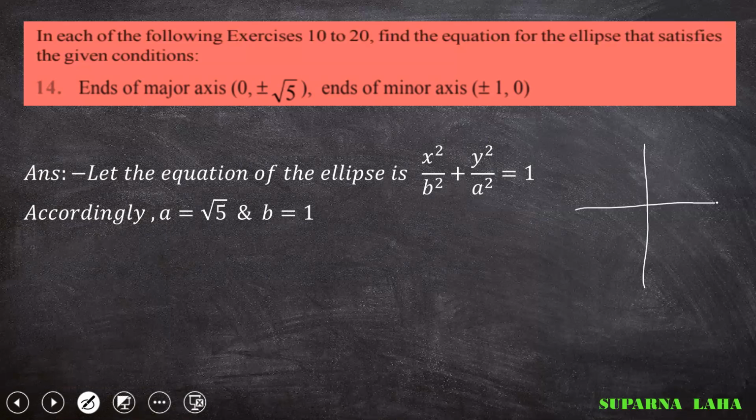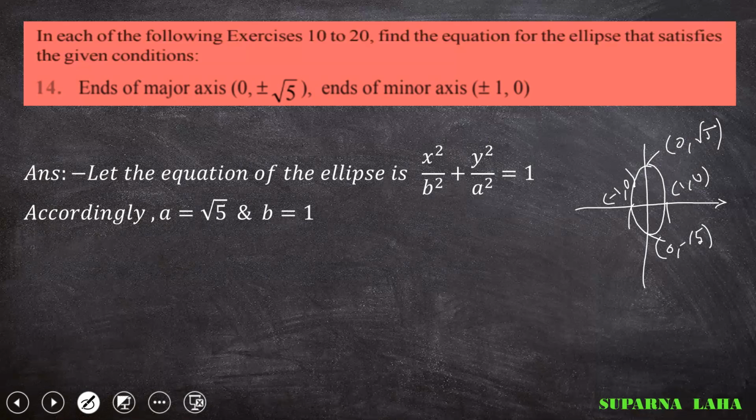This is the x-axis and the y-axis, and the ellipse will look like that. So this endpoint and this endpoint are given. The endpoints of the major axis are given: 0 comma root 5 and 0 comma minus root 5, and this is 1 comma 0 and this is minus 1 comma 0.